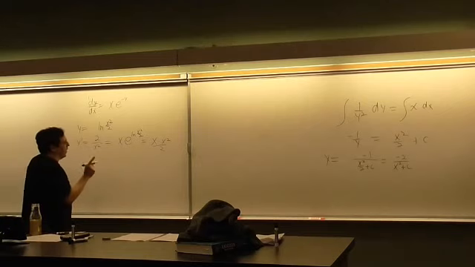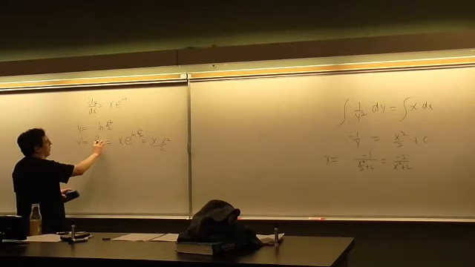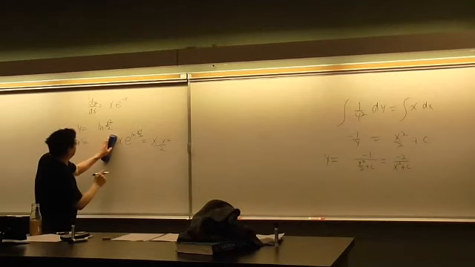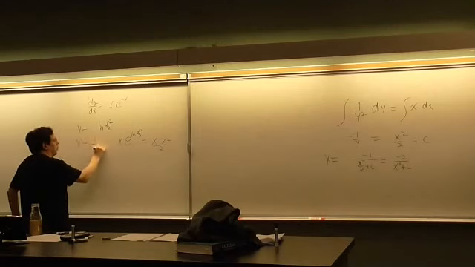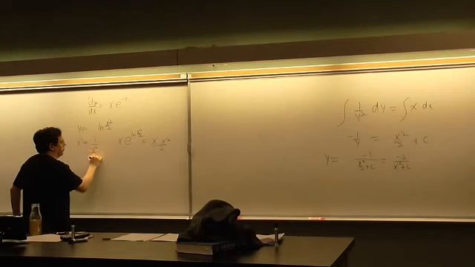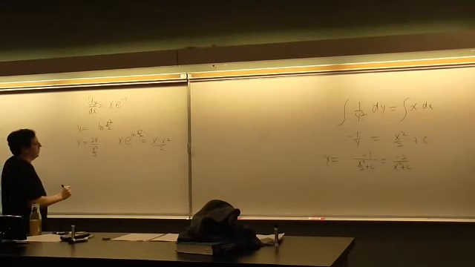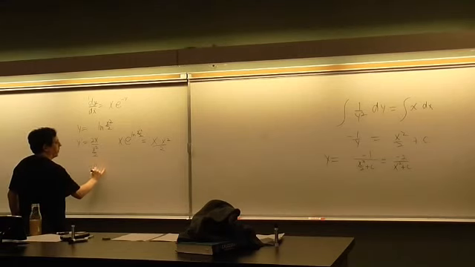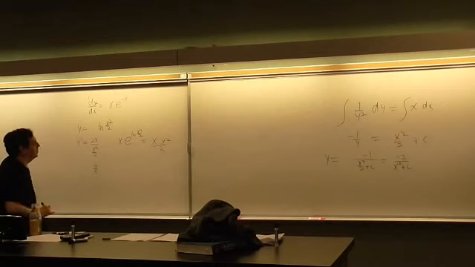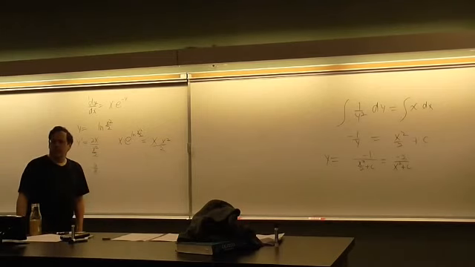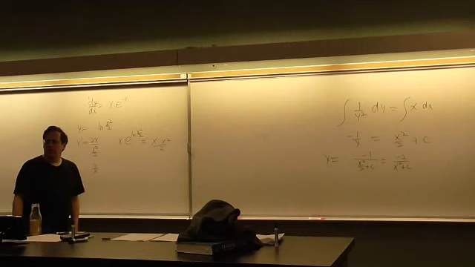Oh, you know what? I found the derivative wrong. Let me try this again. 1 over x squared over 2 times the derivative of x squared, I forgot that, 2x, right? So that's 4 over x. But that didn't turn out right. Did I do something wrong?